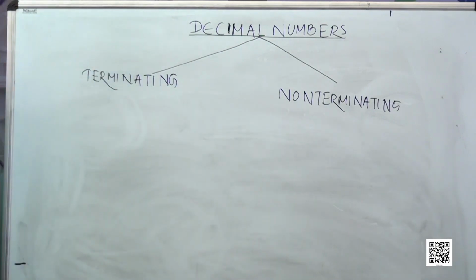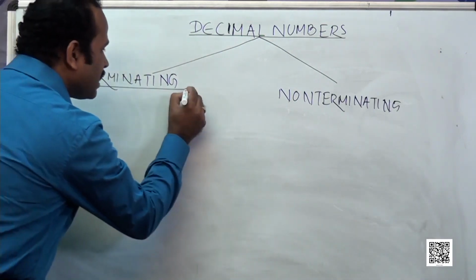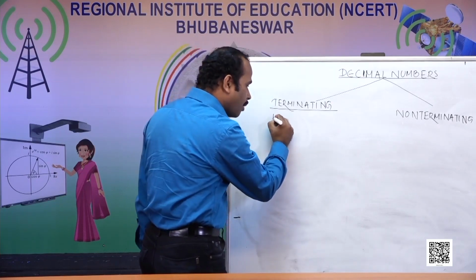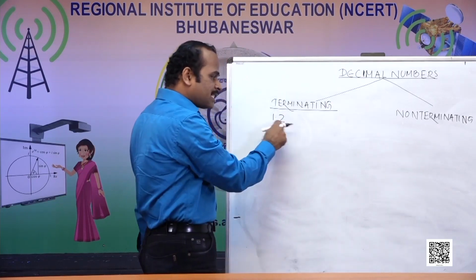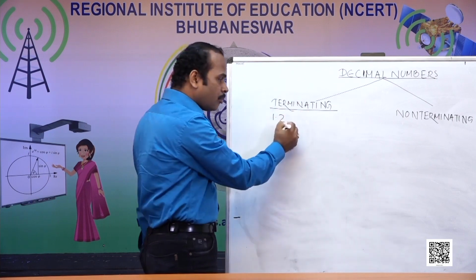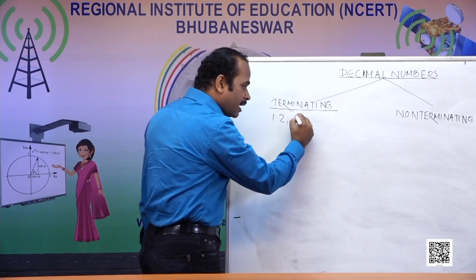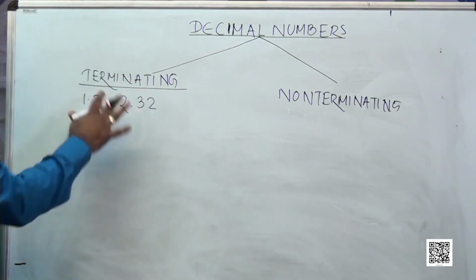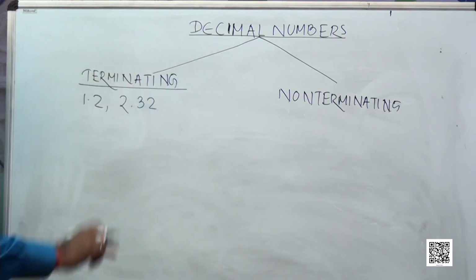What are terminating decimals? For example, 1.2: after one decimal place, it is terminated and no longer continues. I can write 2.32: after two decimal places, it is terminated. Such numbers are called terminating decimal numbers.